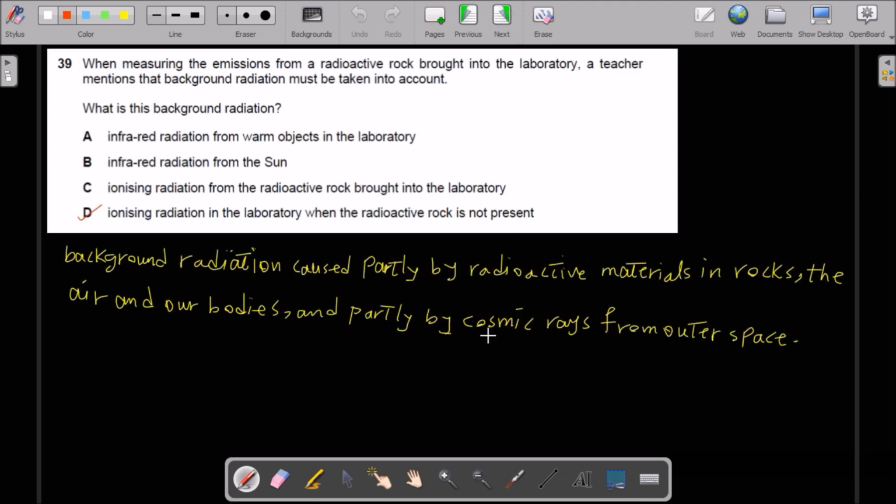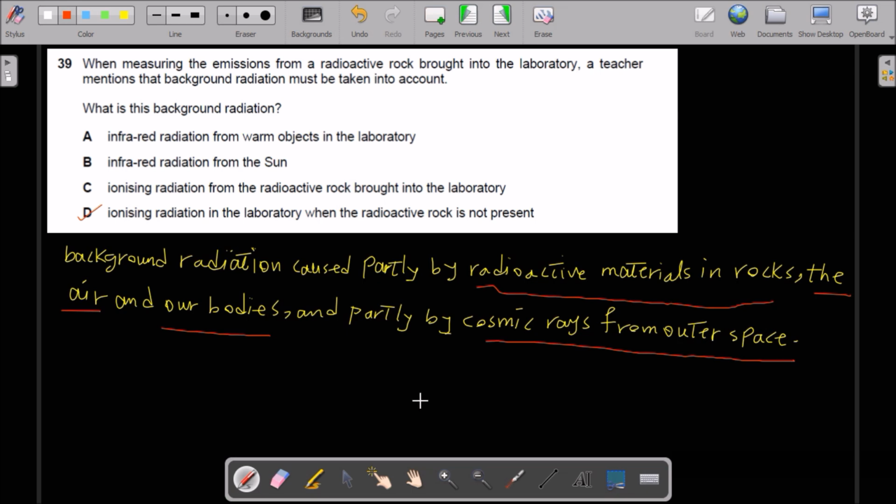39. When measuring the emissions from a radioactive rock brought into the laboratory, a teacher mentions that background radiation must be taken into account. What is this background radiation? First of all, background radiation is caused partly by radioactive materials in rocks, the air, and our bodies, and partly by cosmic rays from outer space.